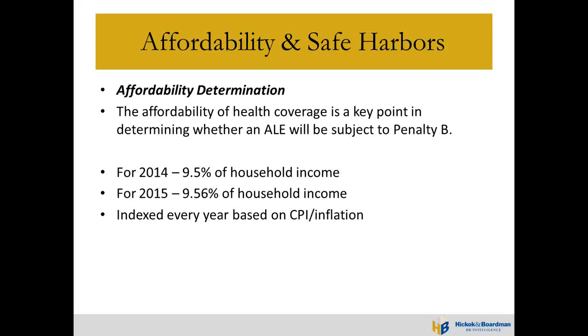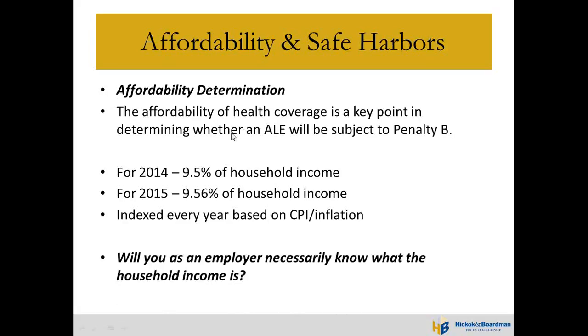And for 2015, that amount increased to 9.56% of household income. But from an employer standpoint, are you necessarily going to know what your employee's entire household income is? Probably not. Right? Not unless everybody's working for you, and even then, they may have other outside income that you're not aware of.